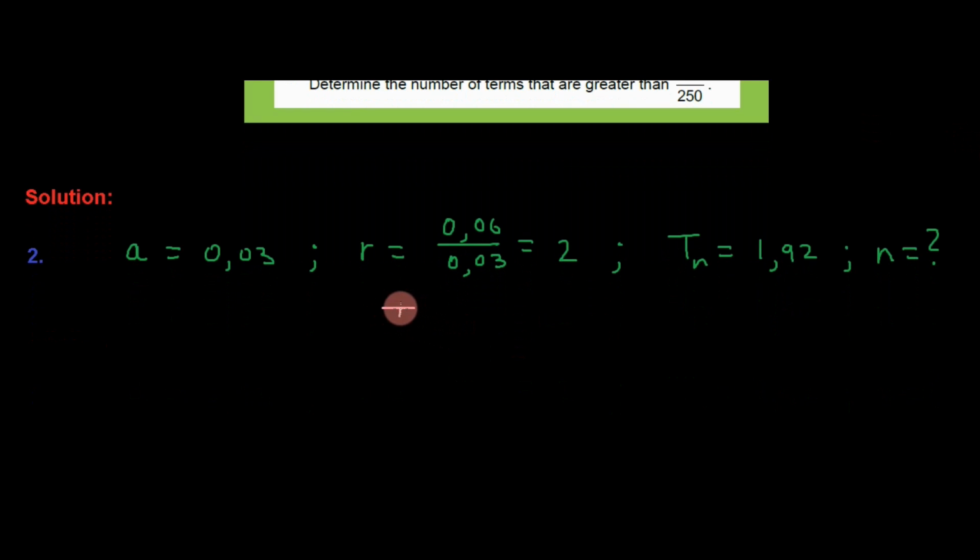Using the formula T sub n again, we can plug in the values. A is 0,03, R is 2, and T sub n is 1,92.